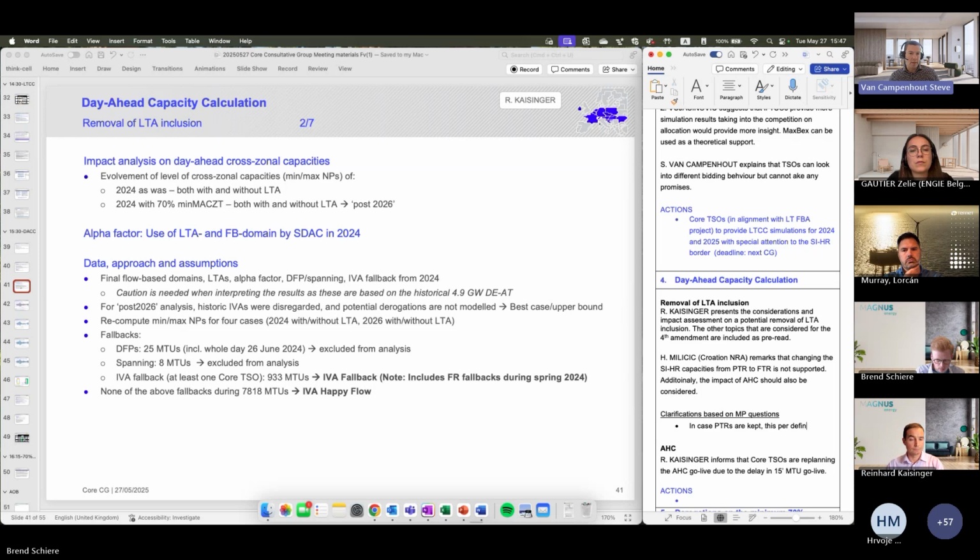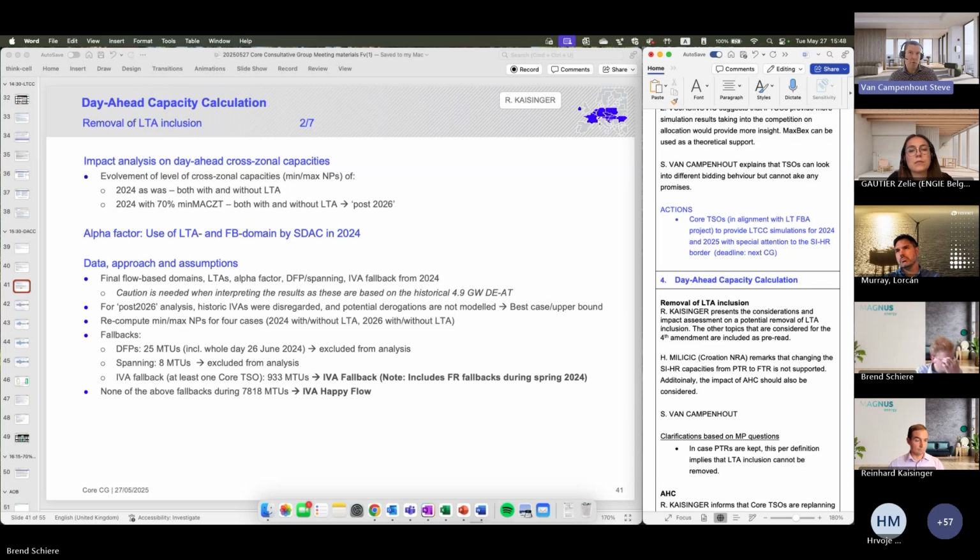I think we need to nuance this here. For me, we have to look at the removal of LTA inclusion without taking for granted that there will only be FTR borders. I think Rovi made his point quite clear about their positioning.